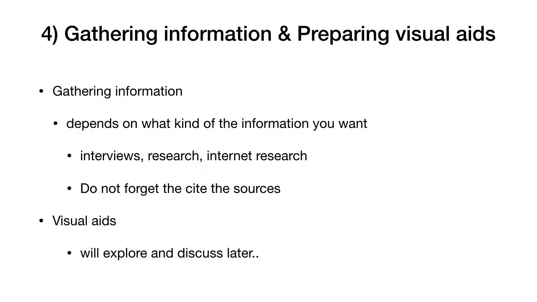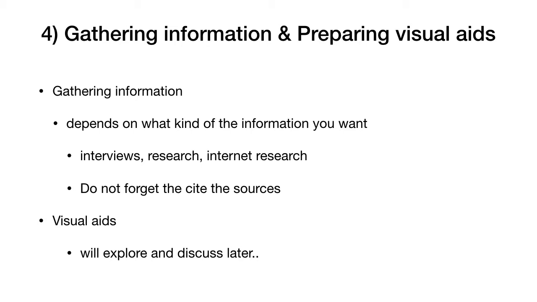Okay. The next one, gathering information and preparing visual aids. Okay, this is also important. When you've got your topic, gathering information would be another important step that you need to consider, and it depends on what kind of information you want.